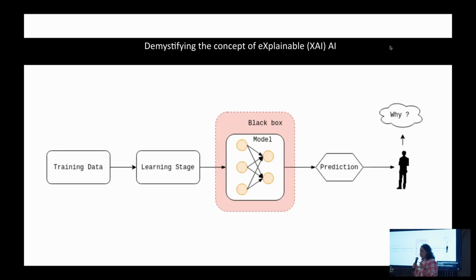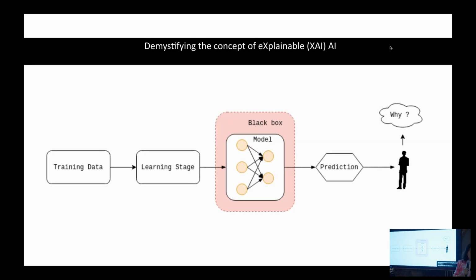Although it was introduced in the late 80s, suddenly people started studying it again in the past 3 or 4 years, and there has been a good surge in publications. So whenever we are trying to understand how exactly the model gave some results to us, that domain is defined as explainable AI, right?